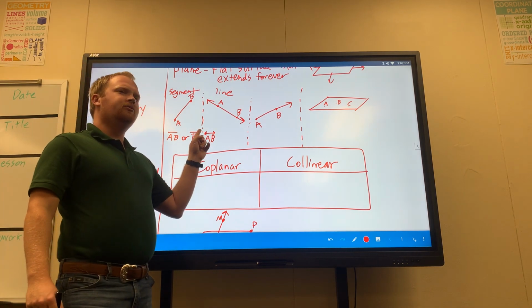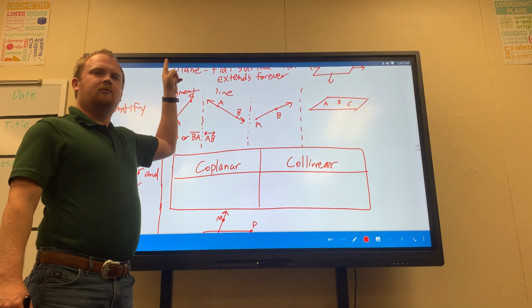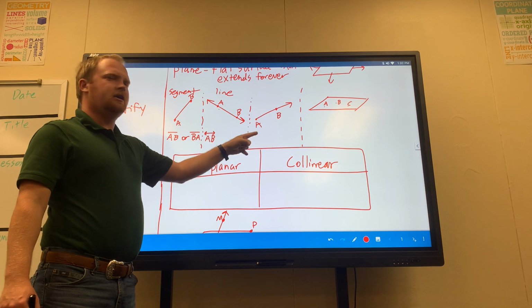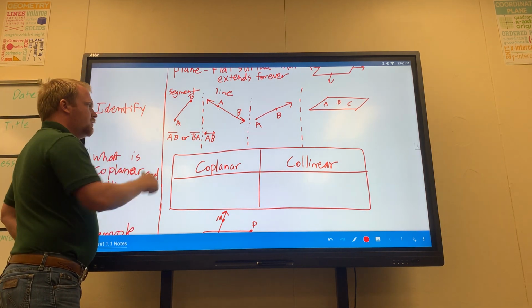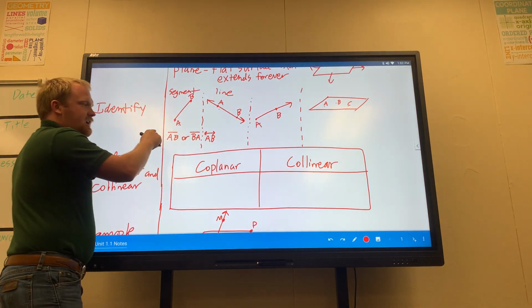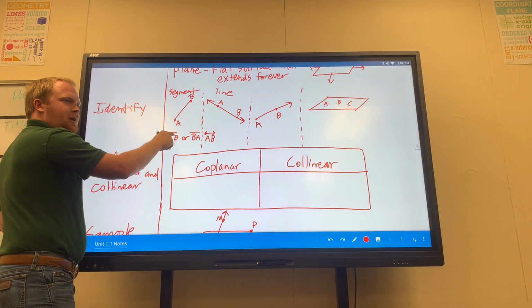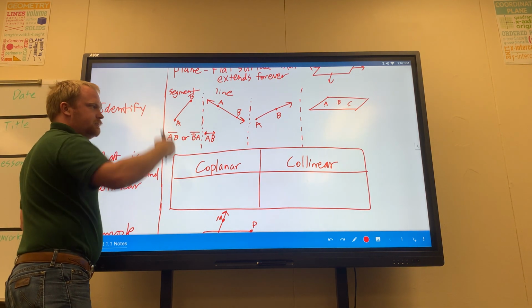What this tells me is that for point A, it actually keeps going, and for point B, it keeps going. Now, what's the difference from the segment? That tells me it stops at A, and this tells me it stops at B. So if it has the arrow, it keeps on going.